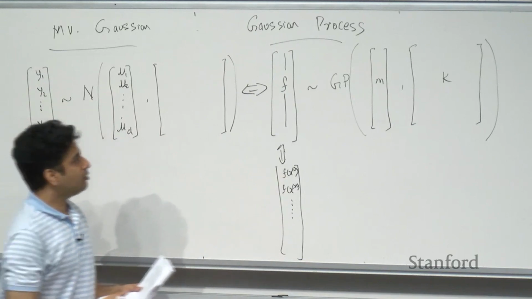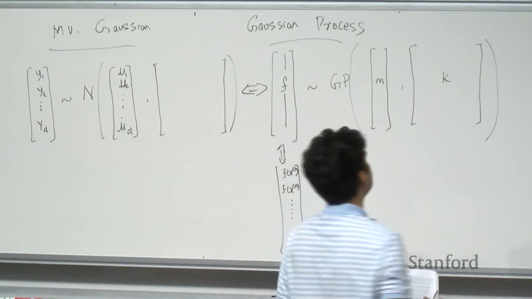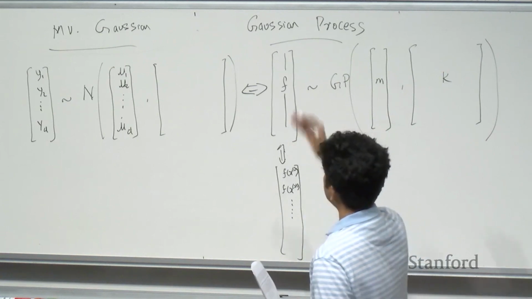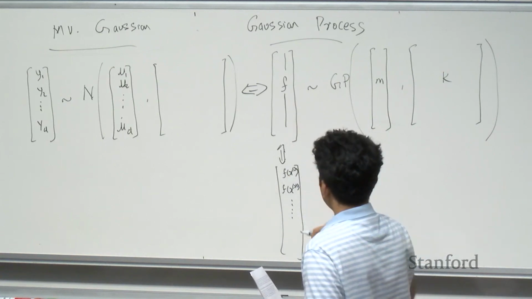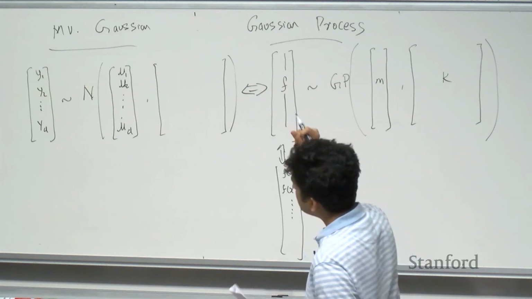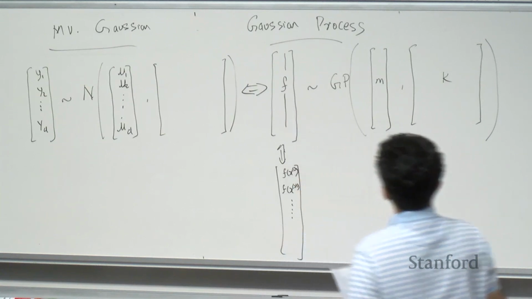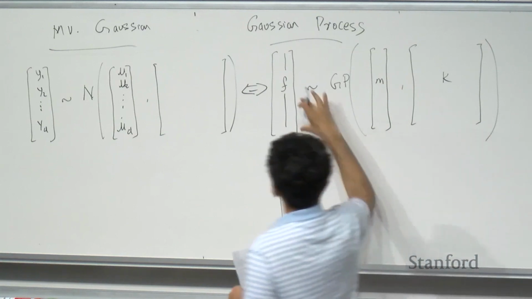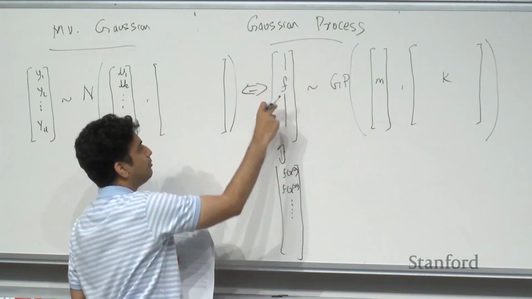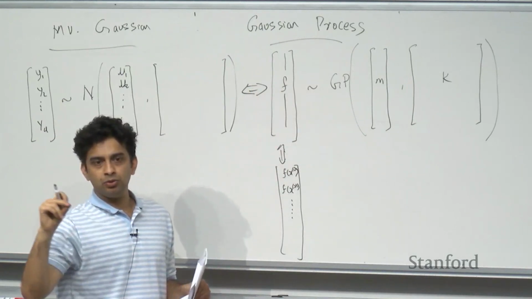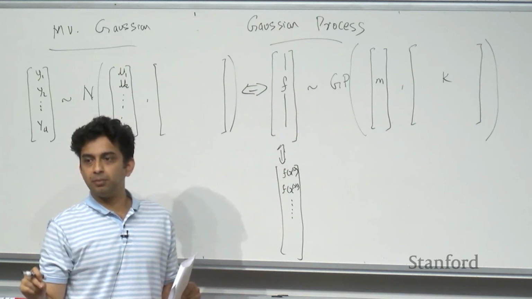Now we are going to use the conditioning property and the marginalization property of Gaussian vectors and limit ourselves to just those elements that exist in our training set and to the test example that we want to make a prediction on.